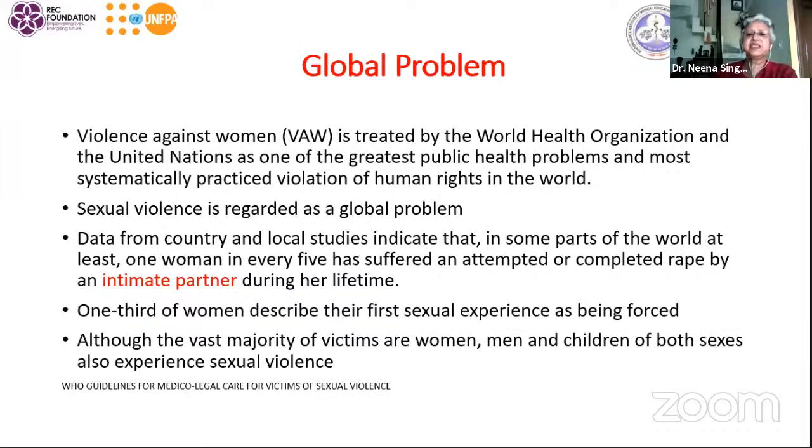This has been seen in adolescents. Many of the adolescents complain that their first sexual experience was a forced one, and mostly it is by a family member or a person known to them. Although the vast majority of victims are women, men and children of both sexes are also known to have experienced sexual violence. So nobody is exempt and no age is exempt from sexual violence.